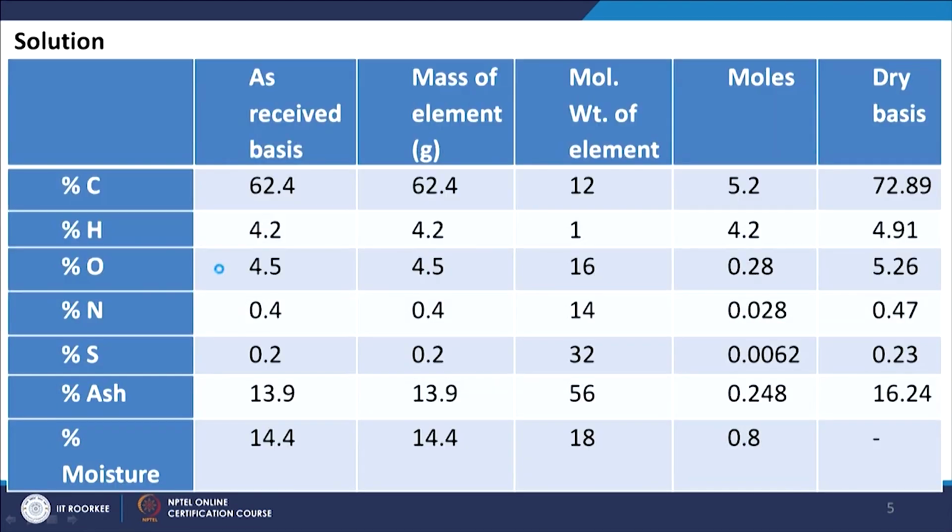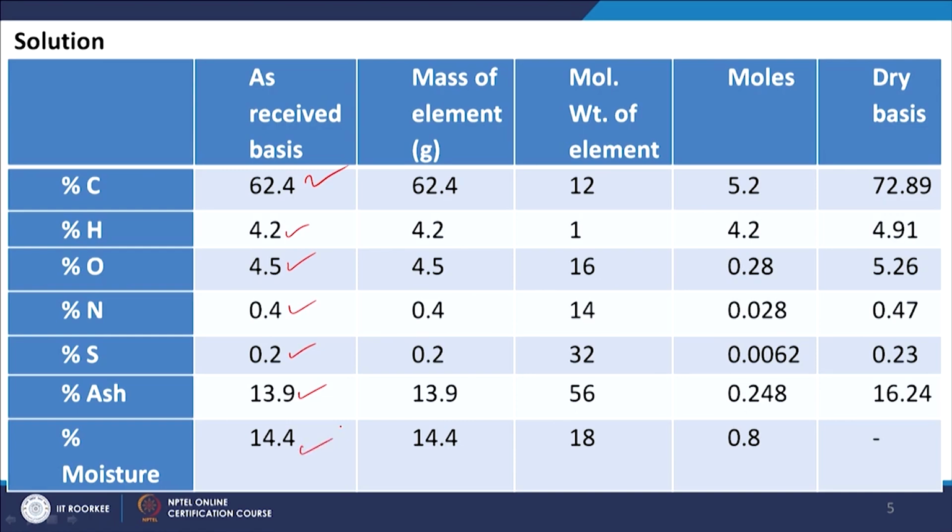Then what we will do? Obviously, we will write the different parameters on as received basis. So, as received basis percentage of carbon we are having as per the statement 62.4, then hydrogen 4.2, oxygen 4.5, nitrogen 0.4, sulfur 0.2, ash 13.9 and moisture 14.4, that is in percentage.